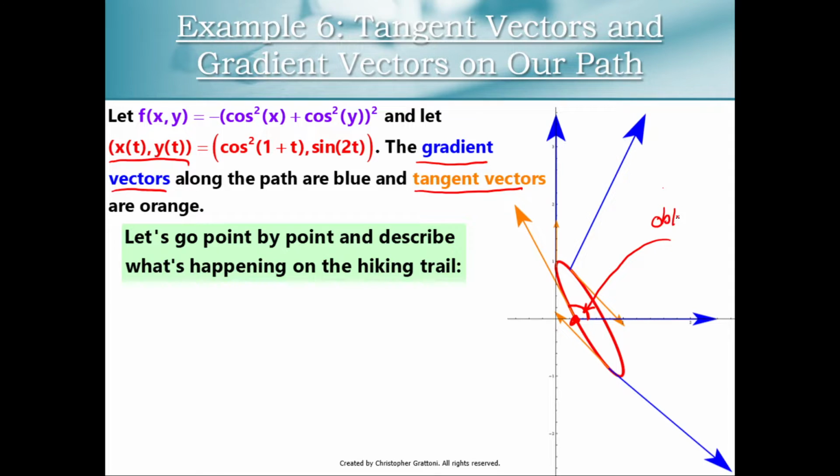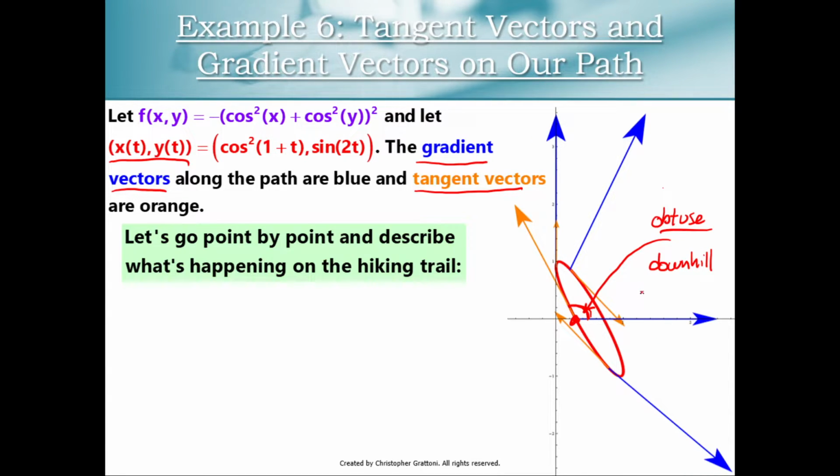If you guys were in class with me, I would ask you, but instead I'm just going to tell you it's an obtuse angle there. And so what that tells us is that we are walking more against the gradient vector than with the gradient vector. And if we're walking against the gradient vector, we're walking against uphill. And if we're walking against uphill, we are walking downhill.